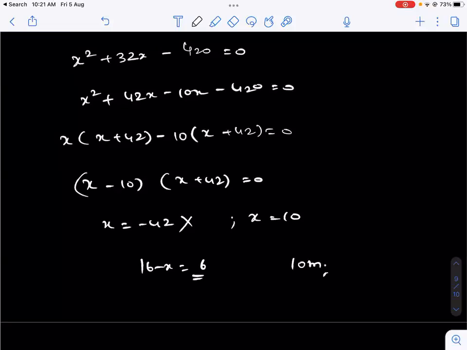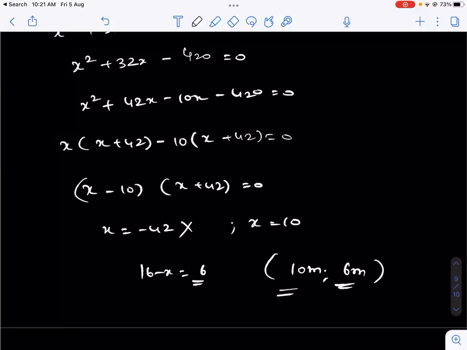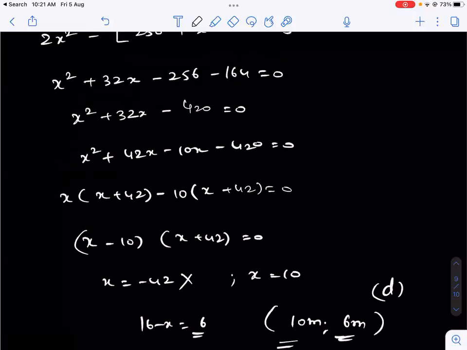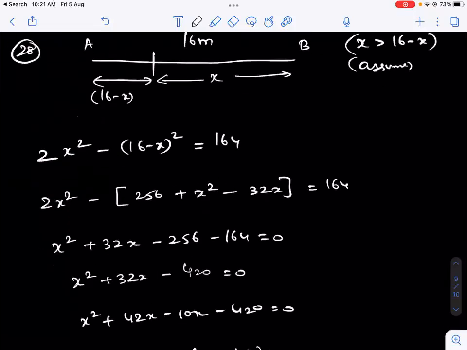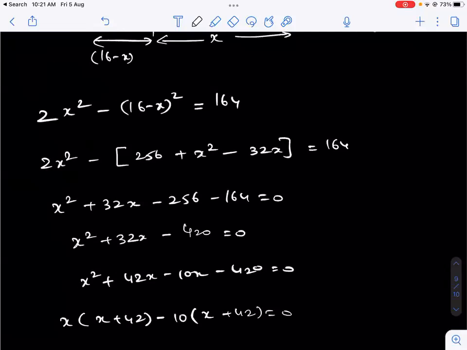So one length is 10 meter, the other length is 6 meter. So option D is the right answer. Right, please make a note of this.